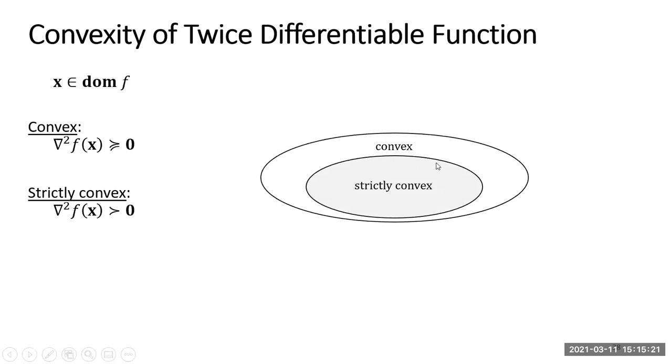Any questions? No. So this is the set of all convex functions, and this is the set of strictly convex functions. There will be functions which are convex but not strictly convex.